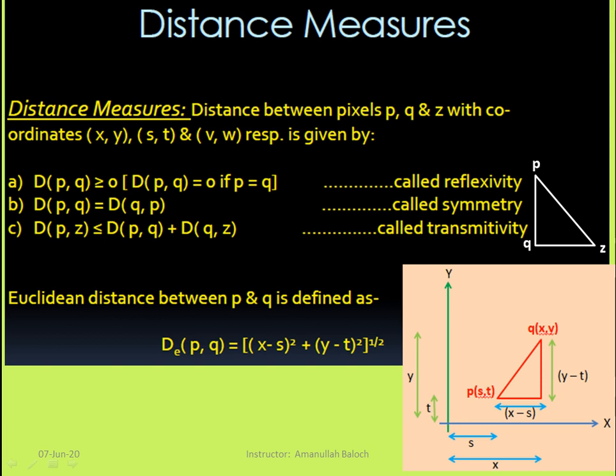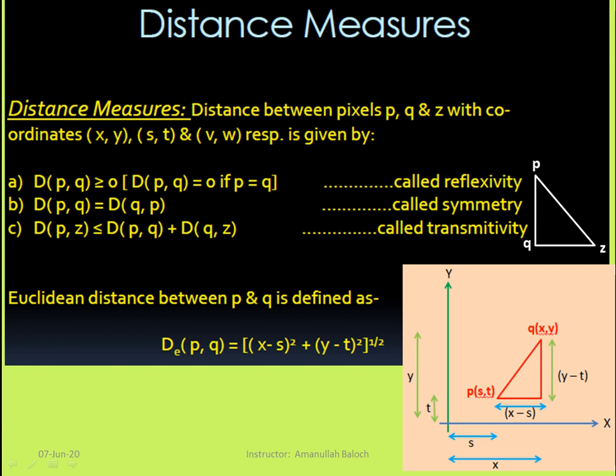This is s, and this other pixel is at a distance of x from the y-axis. So what will be the distance between these two pixels? x minus s. This is the long distance and this is the short starting distance. x minus s is the base of this triangle.